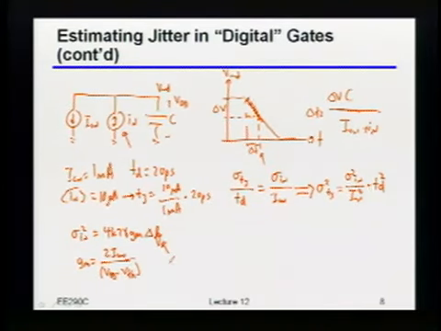It turns out there is a very straightforward answer for that. The way you figure that out is you say that what I'm actually doing is integrating this noise current over the nominal delay time. If you think about it in the time domain, that means you're using a box integration.